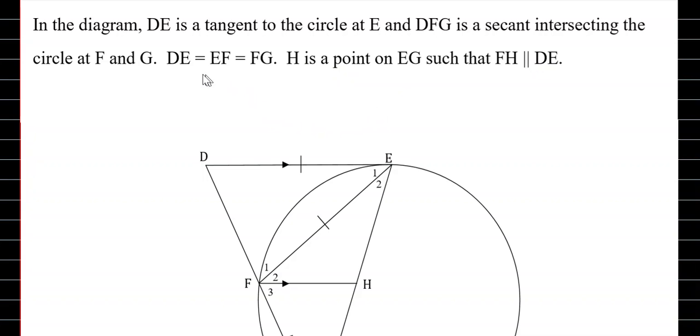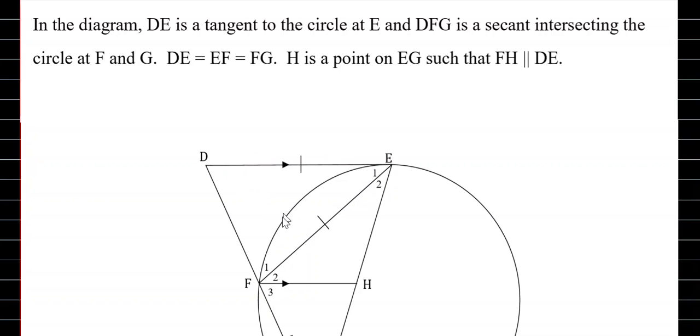And also here you have your diagram, DE, which is parallel to FH, and also you are told that EF is equal to FG and DE, right?